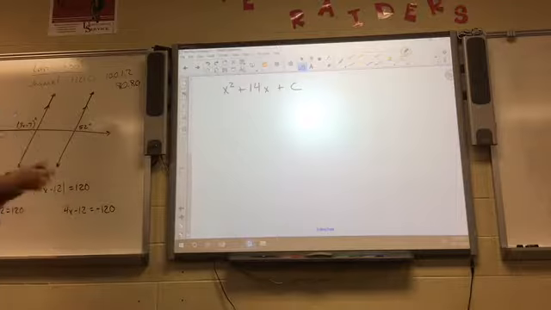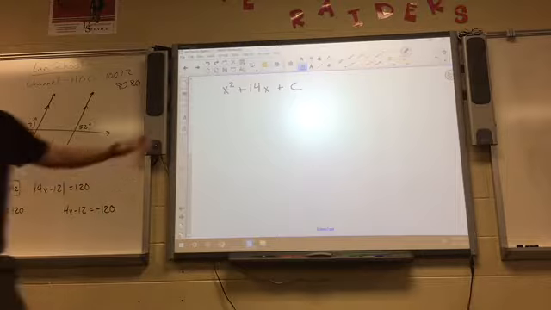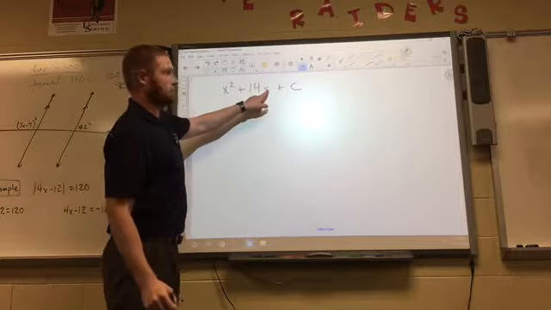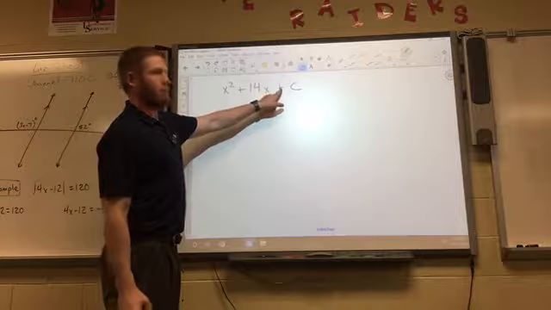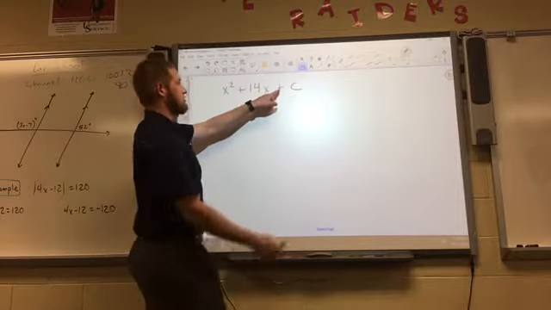So we have to find a new c value. If you look under the core concept on completing the square, on the bottom of page 112, where it says words, it says to complete the square for the expression x squared plus bx, I need to add b over 2 squared.